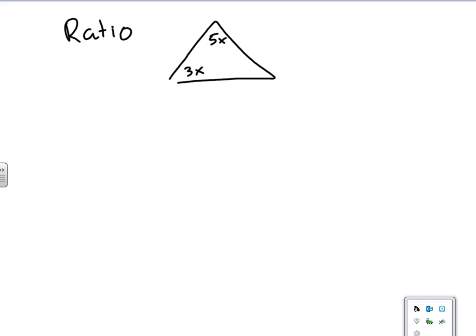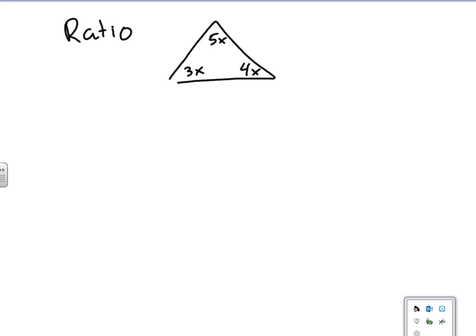Another thing that we looked at here was when things are in ratio. An example of this is, let's say you're given a triangle and the angles are 3x, 5x, and, whatever, 4x or something like that.